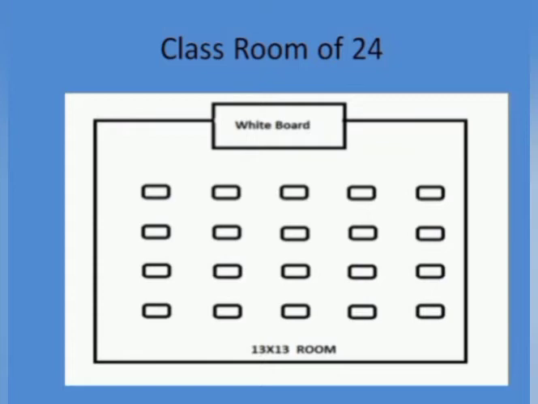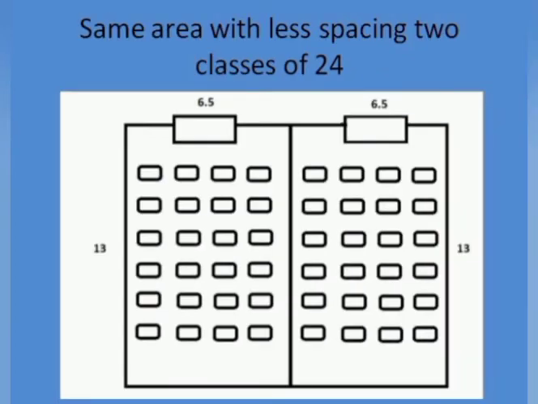If we divide this portion into two, as depicted in the next slide, and place a whiteboard in front of each portion, we can accommodate 24 students in each portion.